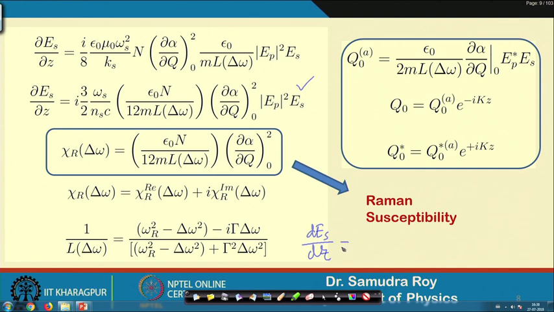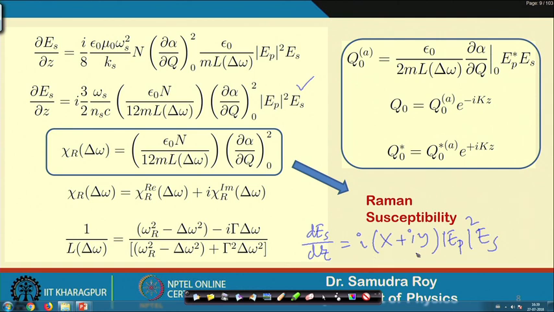d z is equal to i, and this is a constant thing, but a complex term. So I write it as x plus i y, and then the rest of the term which is E p square E s.